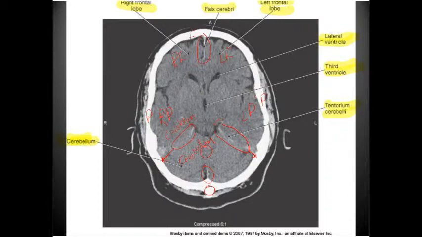In addition to this, we do have the ventricles. We have the third ventricle, and we have these interesting looking structures here that are tear-shaped, and this is the lateral ventricle. Sometimes you'll hear this referred to as the horns of the lateral ventricle. All of this is applicable.